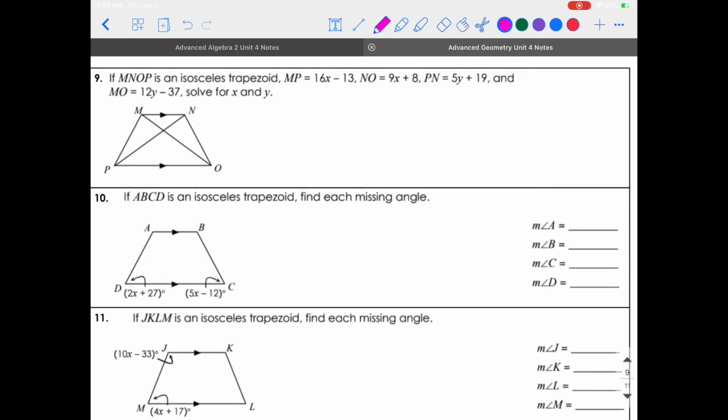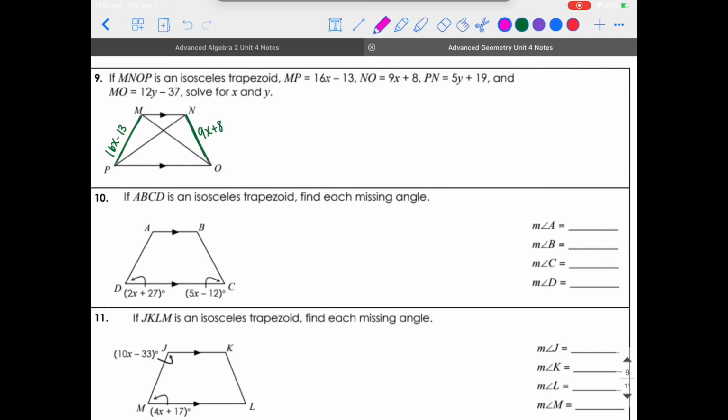So number 9, we have an isosceles trapezoid, okay? MP is 16x minus 13, and NO is 9x plus 8.